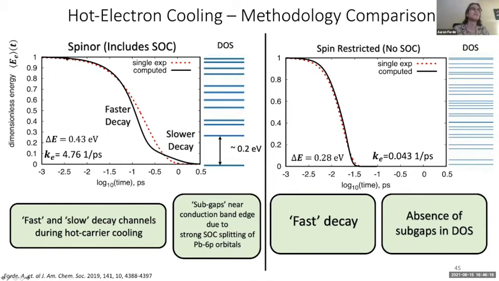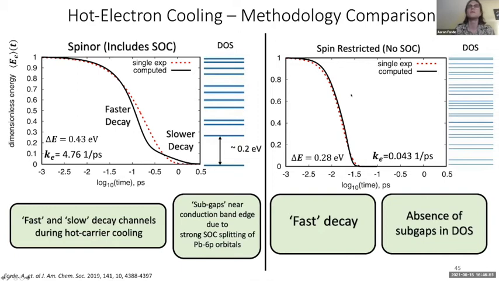And then the interesting thing with the spinor dynamics is that it's fairly quick, up to 100 picoseconds. But then as it gets closer to the band edge, it starts to slow down and extend. I attribute this to the large subgaps from the spin-orbit coupling interactions, which spread out these energy levels in the density of states.